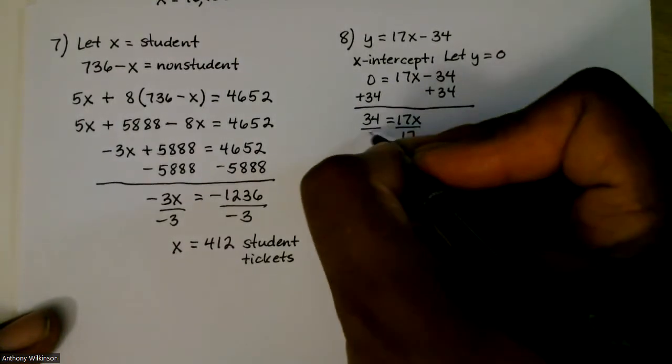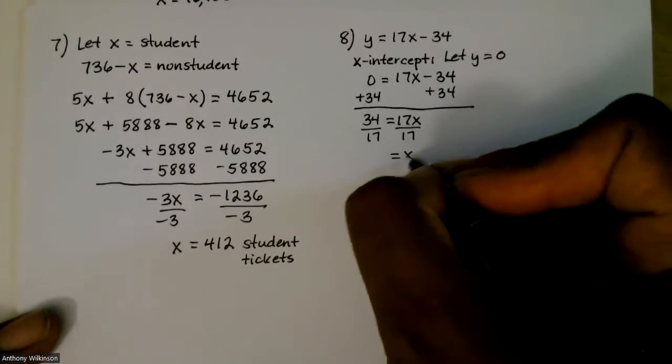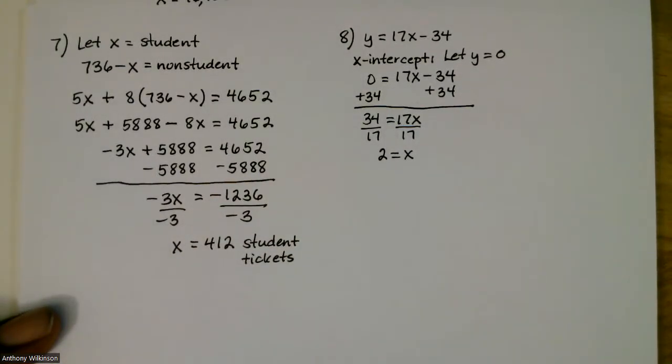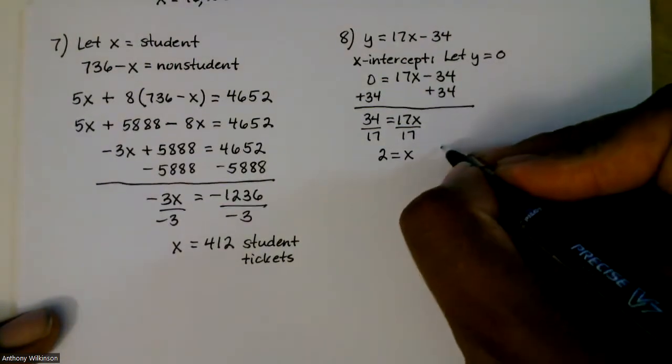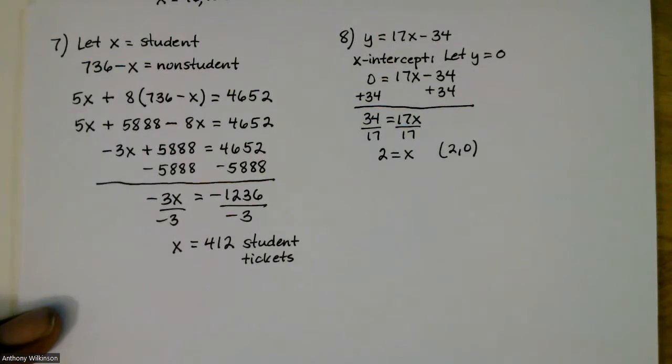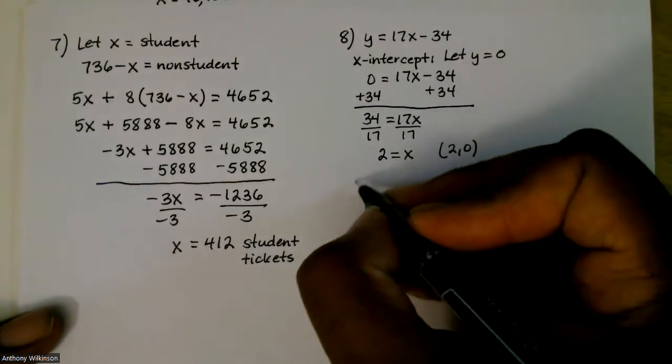And then divide both sides by 17 to get X is equal to 2. So the X-intercept is going to be the ordered pair (2, 0). Because keep in mind, X-intercepts and Y-intercepts are always going to be ordered pairs. And now for the Y-intercept.